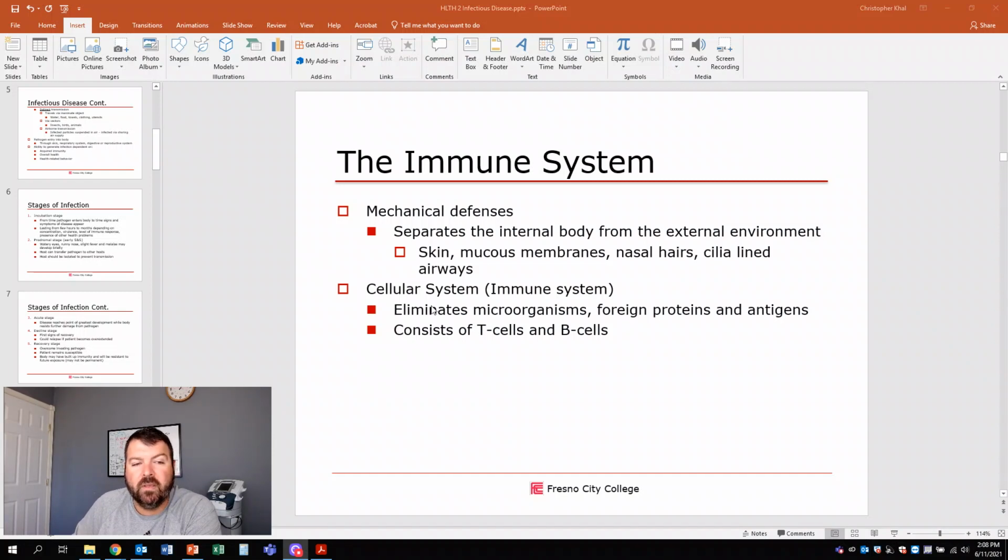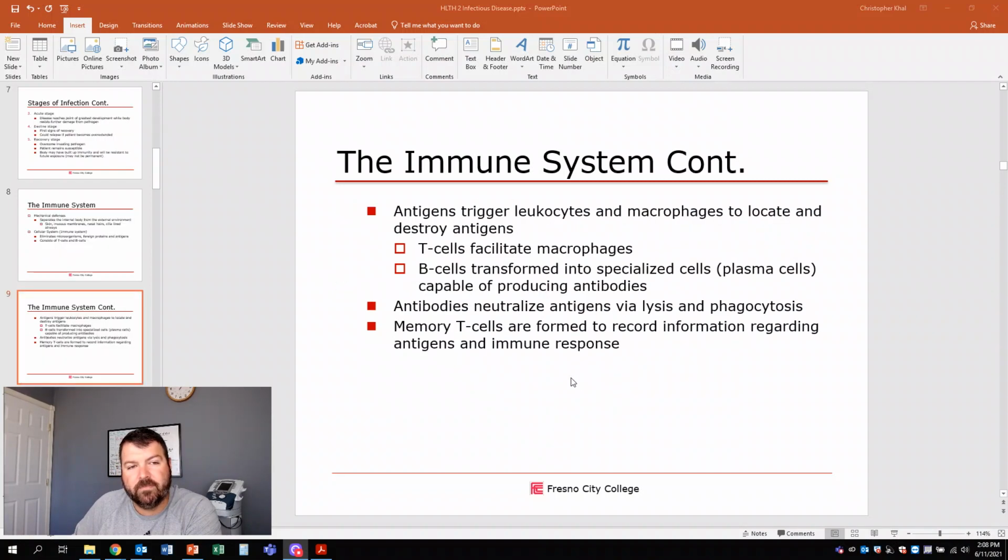Next one is going to be your cellular system, which is your immune system. It eliminates microorganisms, foreign proteins, and antigens. This consists of mainly your T cells and B cells. The antigen triggers the leukocytes and macrophages to locate and destroy the antigen.